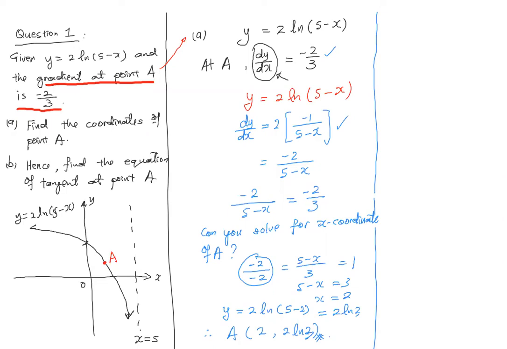So ready for the next one? Okay. So now when I say tangent, okay, this word, tangent. Tangent is a straight line that touches the curve. So this is called the tangent. Tangent at point A means it's a straight line.